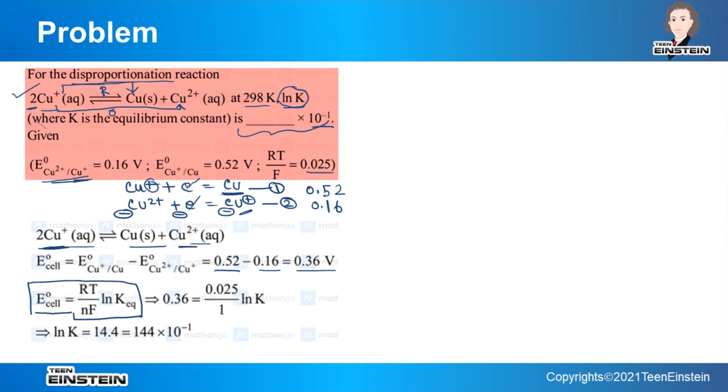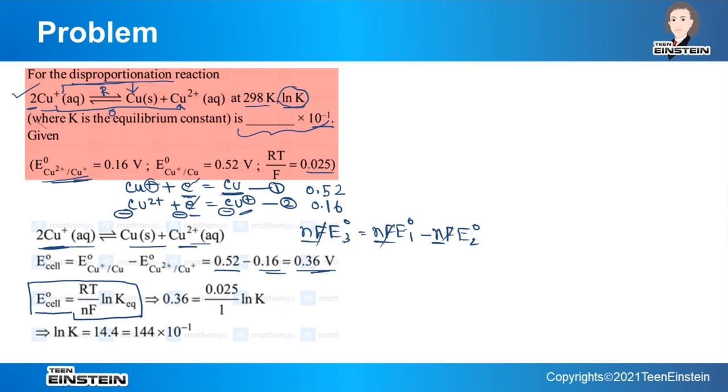But here, as the number of electrons are the same, the relationship delta G3 equal to delta G1 minus delta G2 will also lead to the same result, because it is NFE3 is equal to NFE1 naught minus NFE2 naught, because we have subtracted 2 from 1, but here N is the same, because all are 1 electron, and F is also the same.